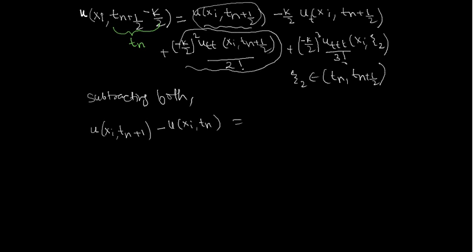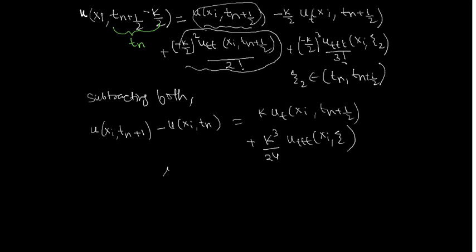The remaining will be this, plus k u_t at x_i, T_n plus half, plus k cube by 24 u_ttt at x_i and some xi, where this xi lies between T_n and T_n plus 1. Now we can find u_t at x_i and T_n plus half.